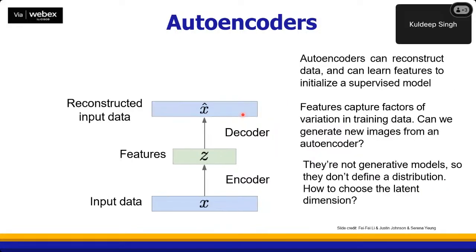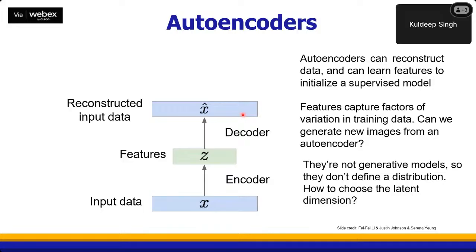Now, what are the limitations? To summarize, autoencoders can reconstruct the data and can learn features to initialize any of the supervised models that we have seen. These features capture the factors of variation in the training data. But the question arises here: can we generate new images?